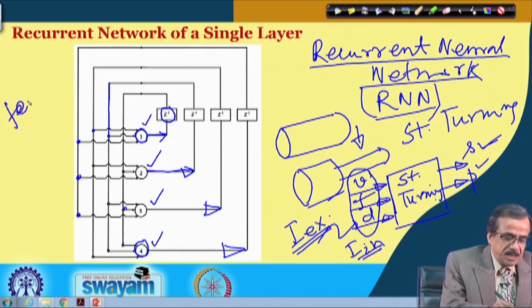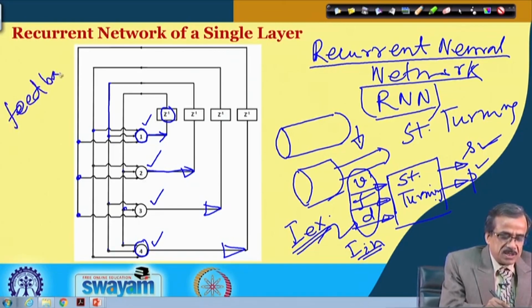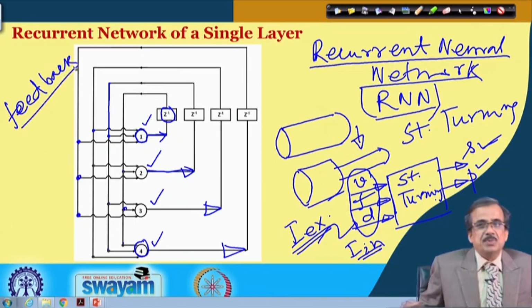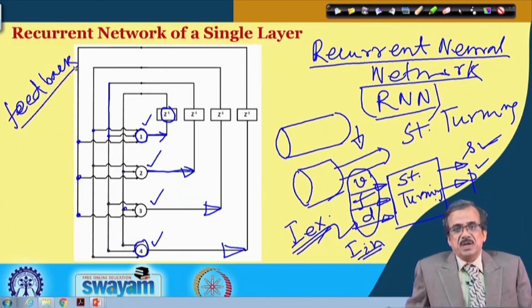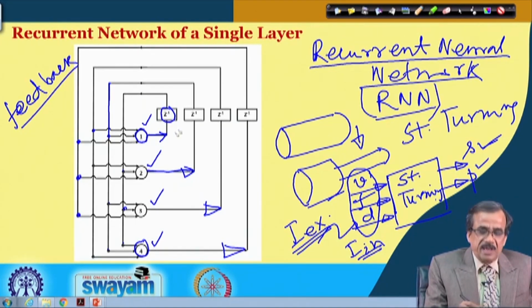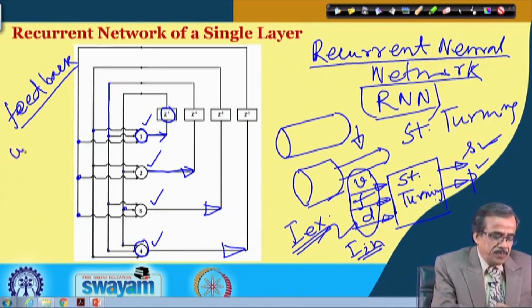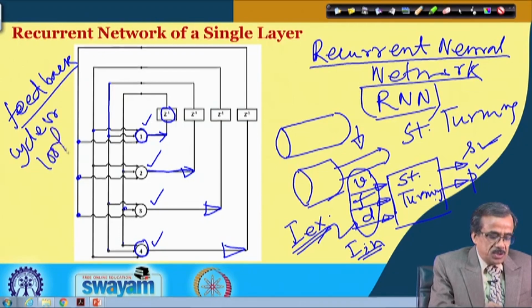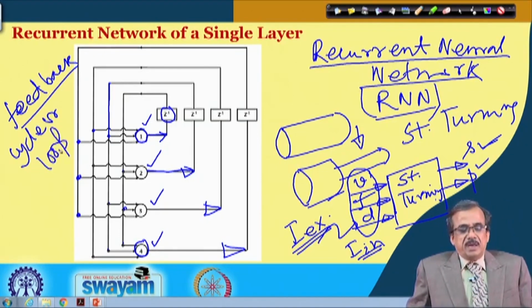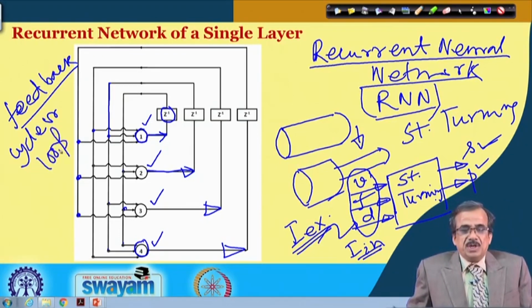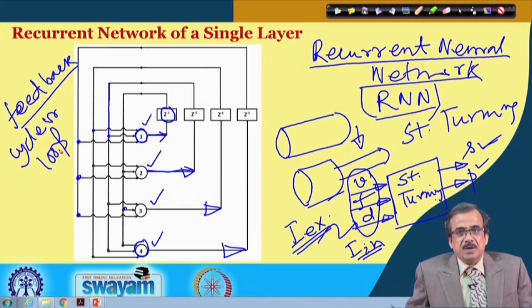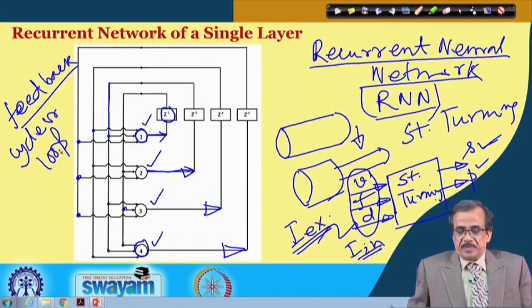This feedback is going to help us capture the dynamics of the process, and there will be a cycle or a loop in this type of network. So, this is the way we can capture the dynamics of a single layer of neurons.